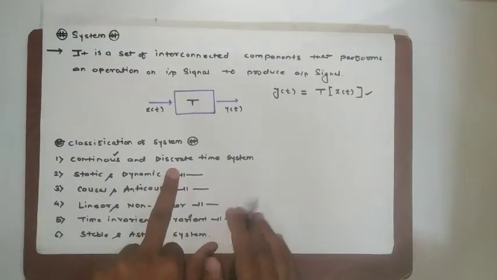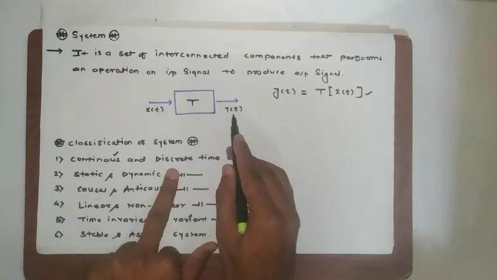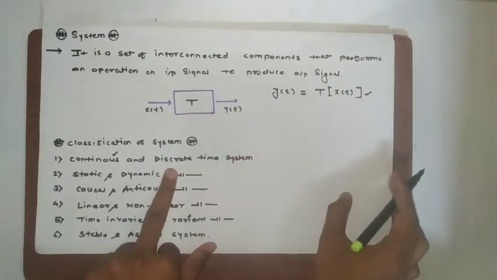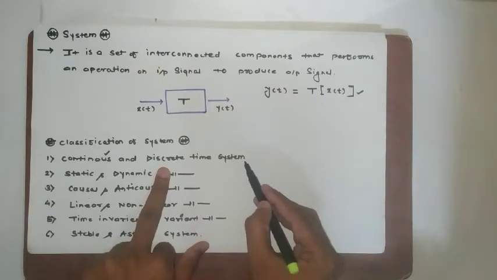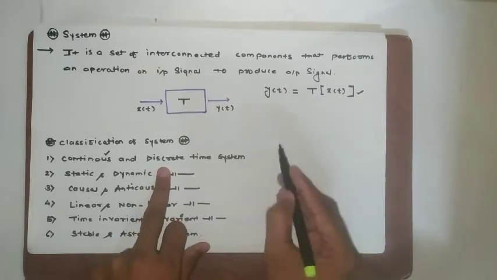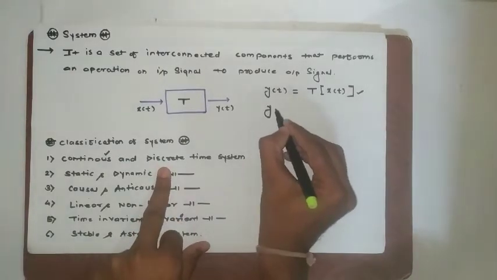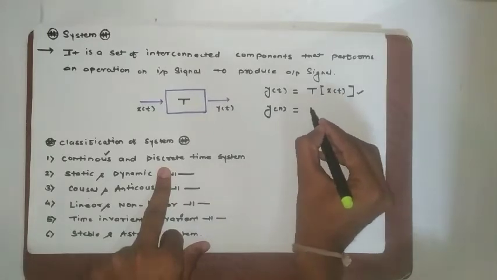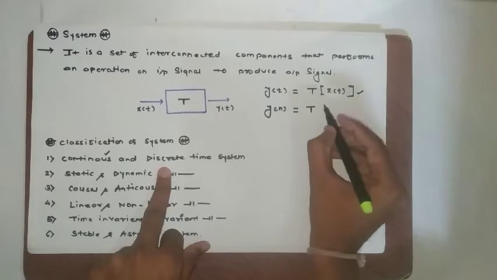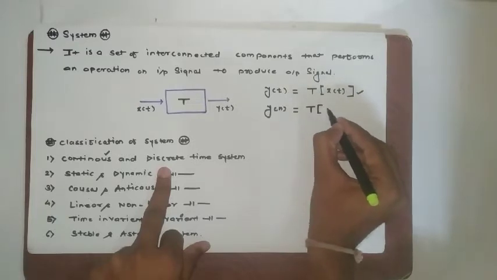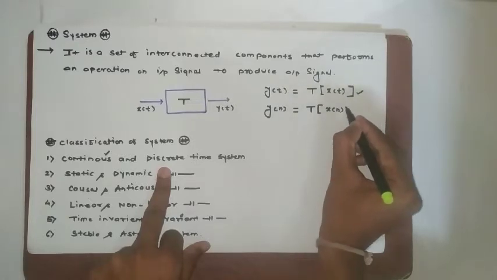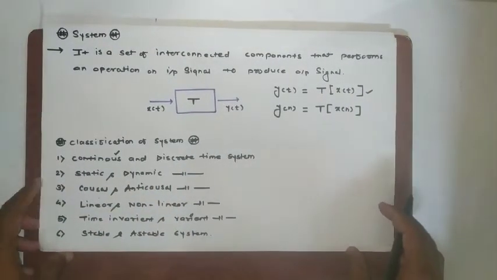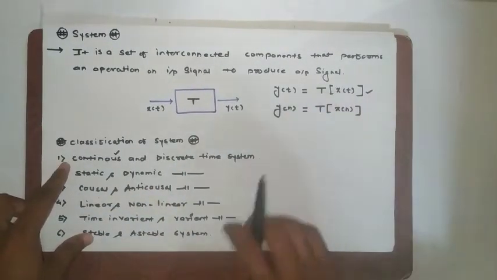A system whose input and output both are discrete time signals, or discrete in nature, is known as a discrete time system. Mathematically, we can denote this as y of n is equal to T, an operation which is performed on a discrete time input signal x of n. So this is the definition of continuous and discrete time system.